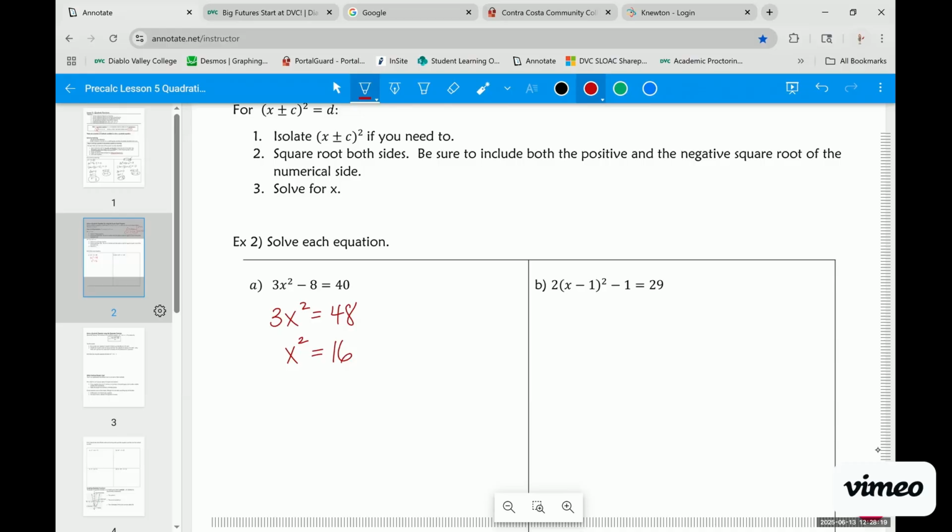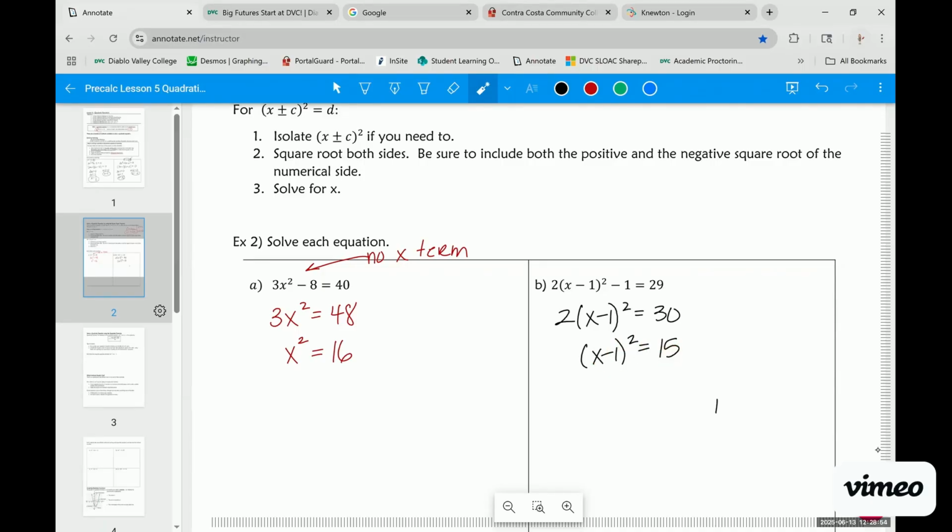And the way I was kind of able to tell I could do that is because there was no x term. Okay. Or same thing here, I have this part B, I have this thing being squared, but everything else in my problem is just a number. So if I add the 1 over and divide by 2, you see how once again, I have it in something squared equals a number form, right?